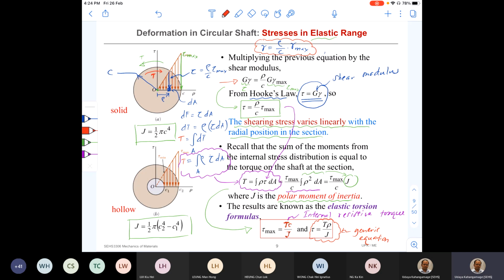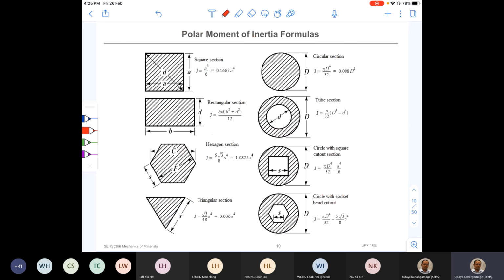This is valid only for a section which remains the same even after deformation. So it is valid for solid circular sections and hollow circular sections. If you use any other section, then you need to find the polar moment of inertia for that section. The next slide shows the polar moment of inertia for different cross sections.